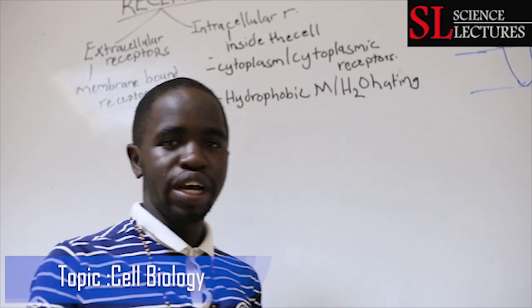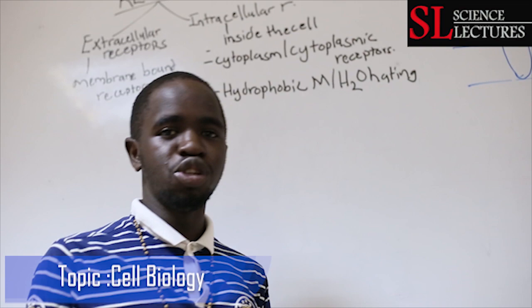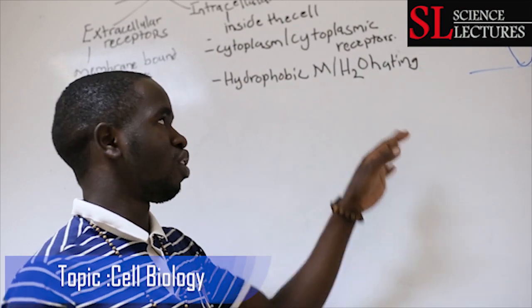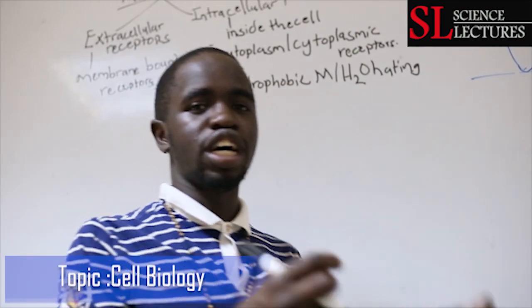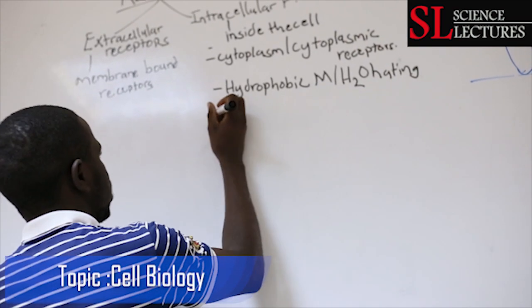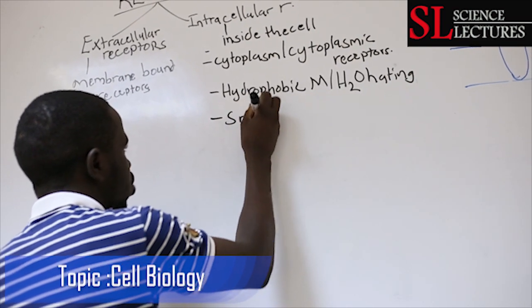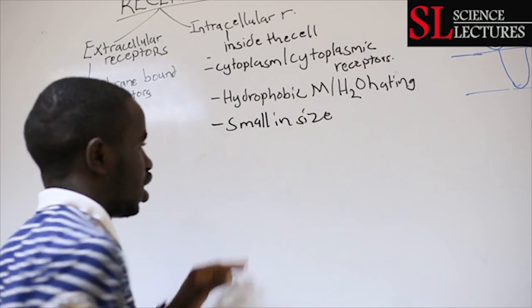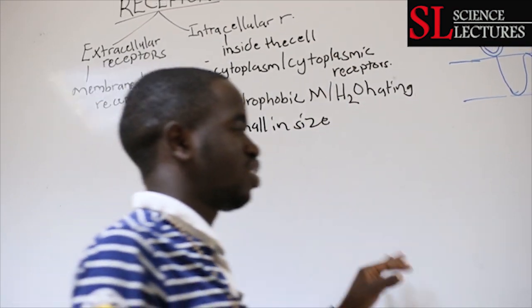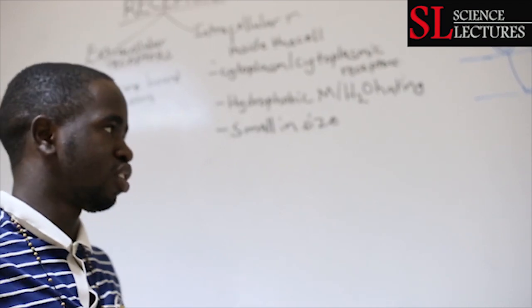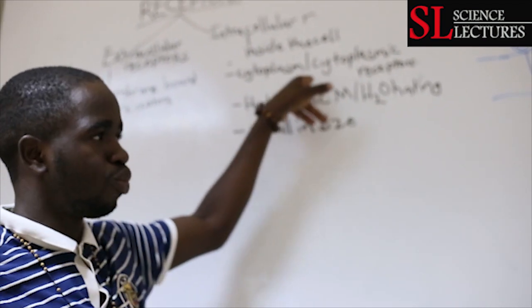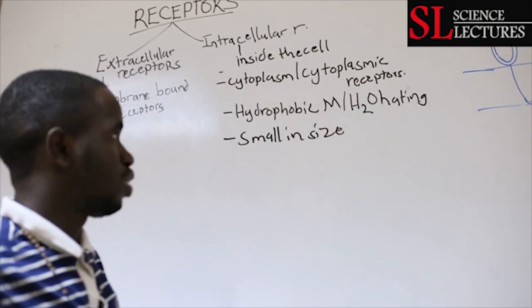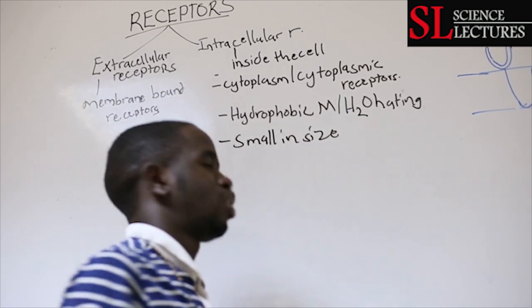That phospholipid bilayer prevents all hydrophilic molecules from passing through. However, hydrophobic molecules can pass through, and those hydrophobic molecules are usually small in size. So they can first via the hydrophilic heads, and they pass through the hydrophobic tails until when they enter the cytoplasm. Then within the cytoplasm, they look for their receptors.